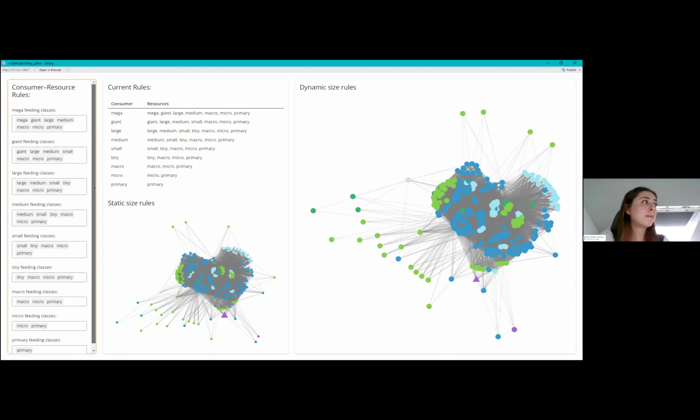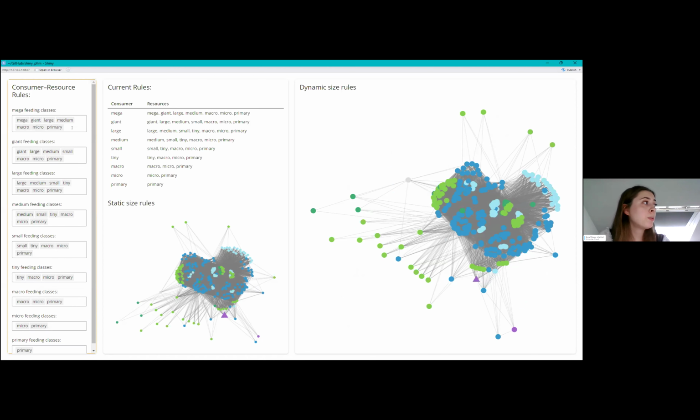But something that I do want to point out is the importance of this lower limit to my body size rules. So as I said, a lot of food web studies won't have a lower limit, and that's probably very much dependent on the data set you're using, and it doesn't make sense here because of how large some of my taxa are.